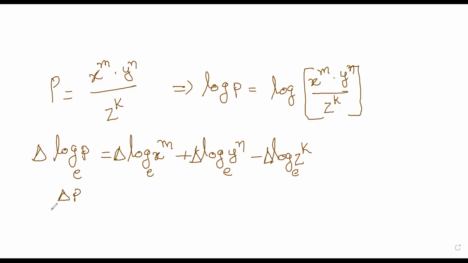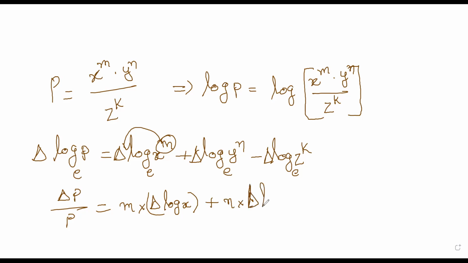Delta log p is delta p by p. This m is a constant, so it can multiply this log here. So it becomes m into delta log x, plus this becomes n into delta log y.